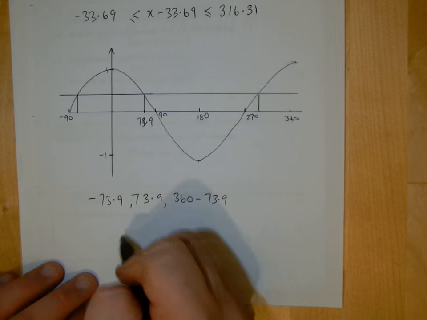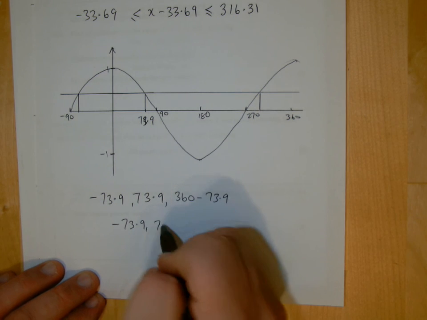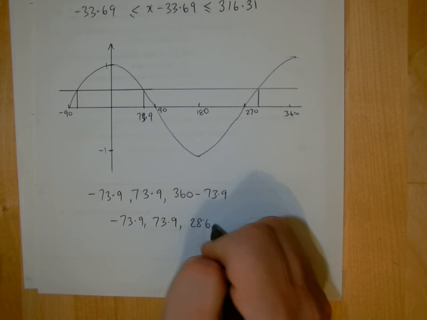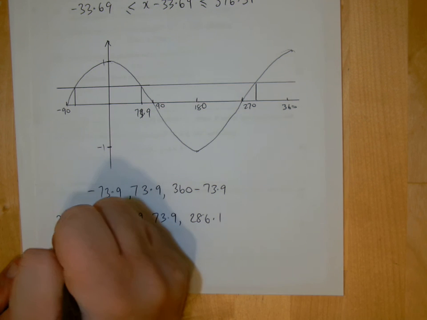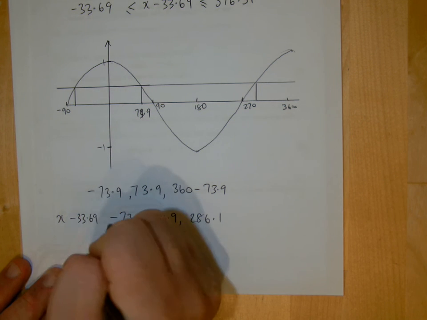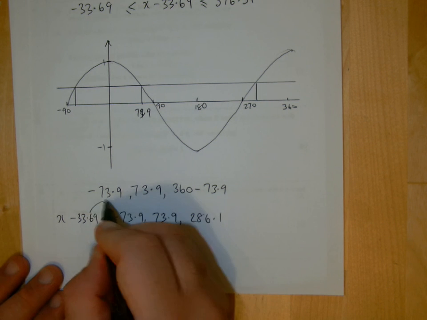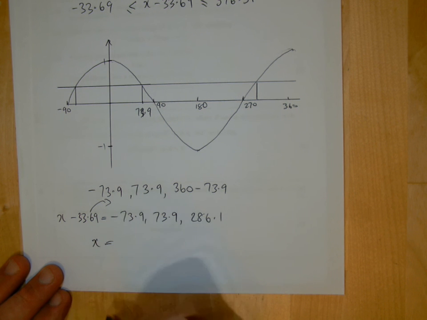If I work these out, these first two have already been worked out for me. So I work the last one out and I get 286.1. Now remember, this is the result for x minus 33.69. So to get the actual final solution for x, you need to take this over, and as a result you're going to have x on its own.